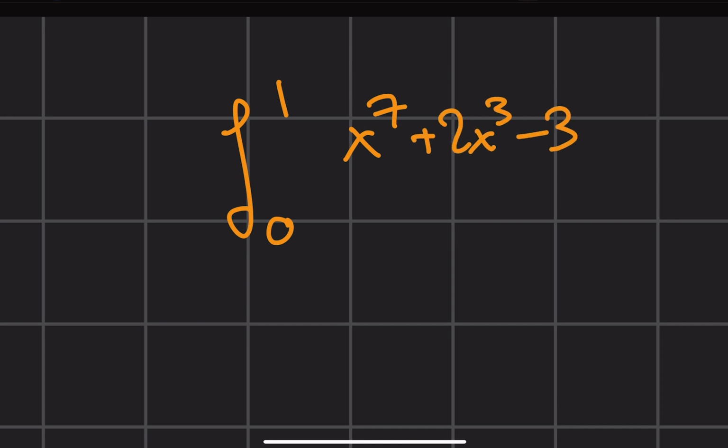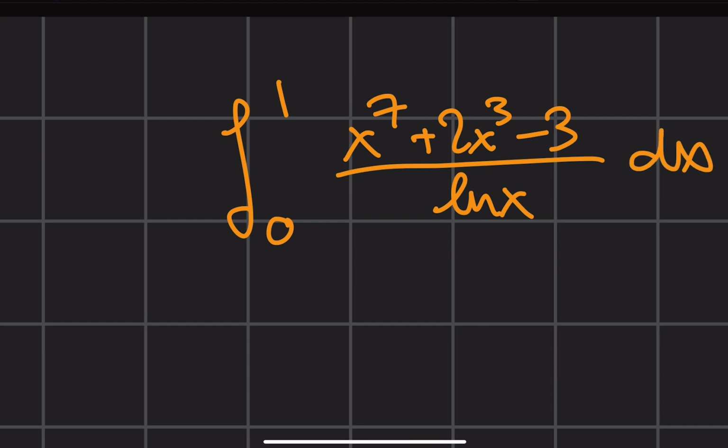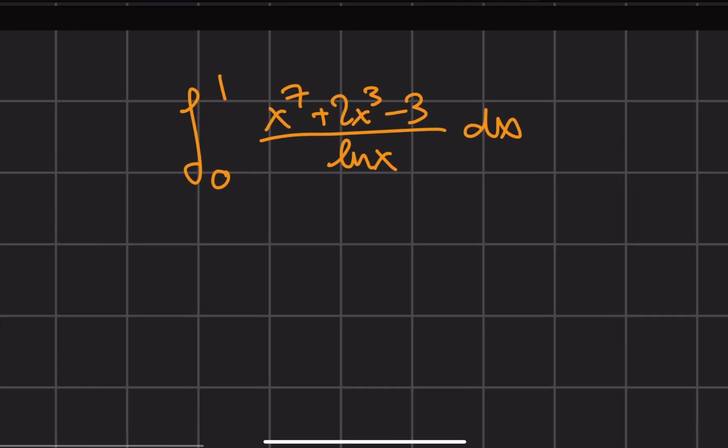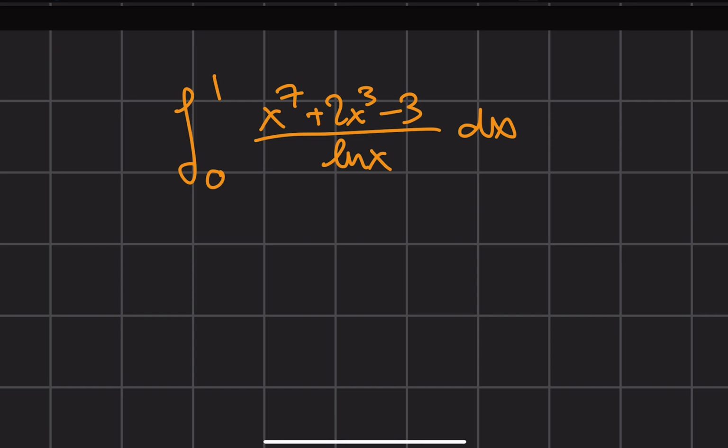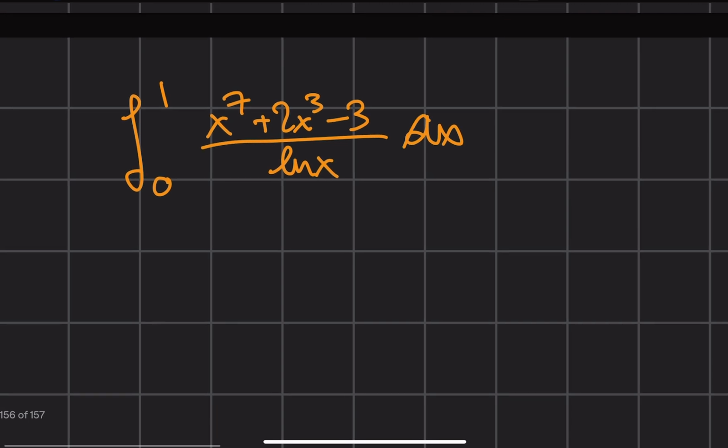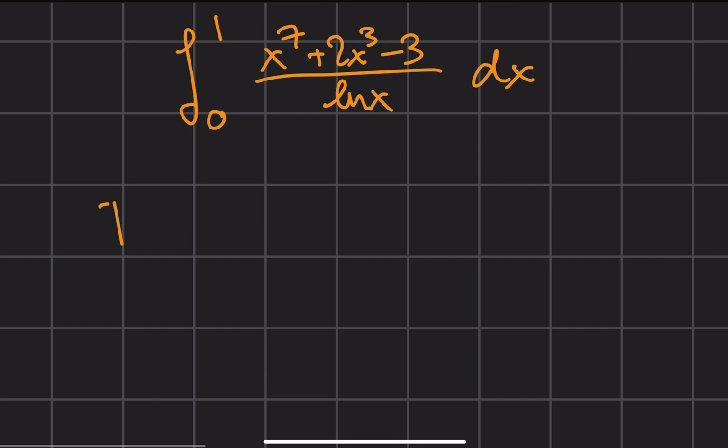So let's go ahead and write our integral from 0 to 1, (x^7 + 2x^3 - 3) over ln x dx. All right, cool. Now, how do we use Feynman's technique? Well, for those of us that don't know, we have our target integral, and we want to parameterize it.